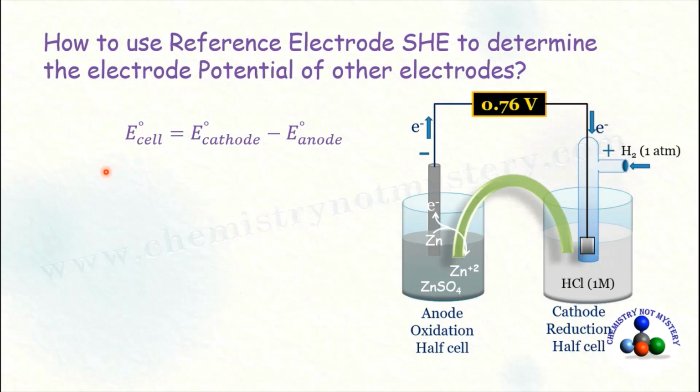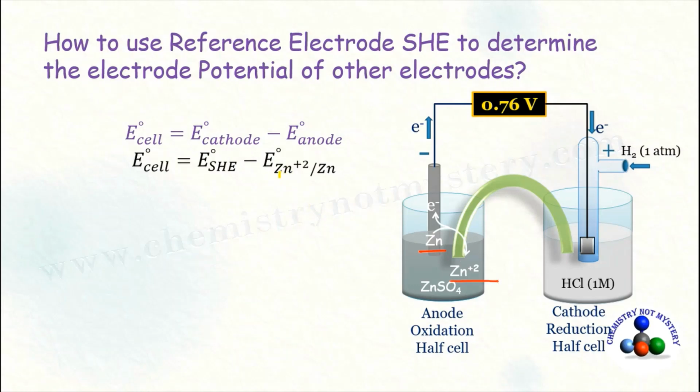So let's rewrite the equation. So here you will get E naught cell is equal to E naught SHE, as the cathode is made up of SHE, minus E naught zinc electrode. In the zinc electrode, the oxidation takes place and zinc converts into zinc 2 plus ion.